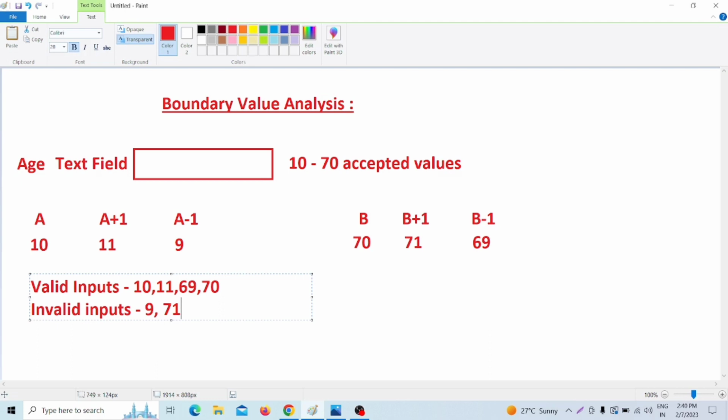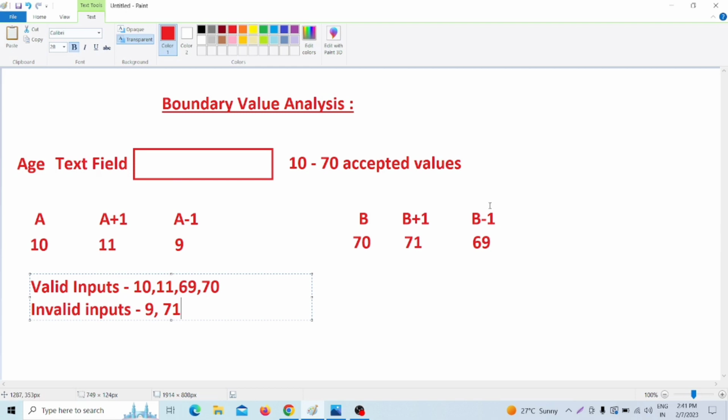Okay, so that is the funda of boundary value analysis. We have to design the test cases with these 6 values. Whenever we are writing any test cases, we have to design them with these 6 values.